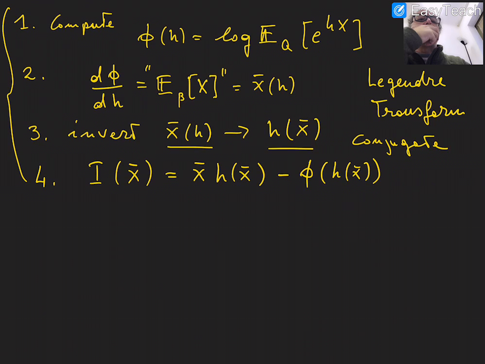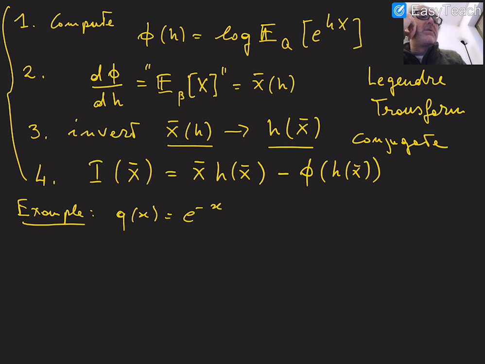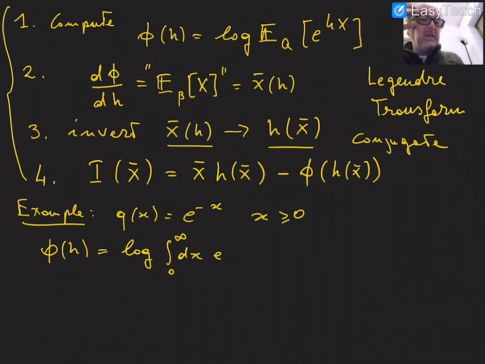And so let's apply this recipe to a simple distribution where q of x is just an exponential, e to the minus x for positive x. Okay, so the first thing that we should do is to compute phi of h. This is the log of the integral from 0 to infinity dx of e to the minus x plus h times x.